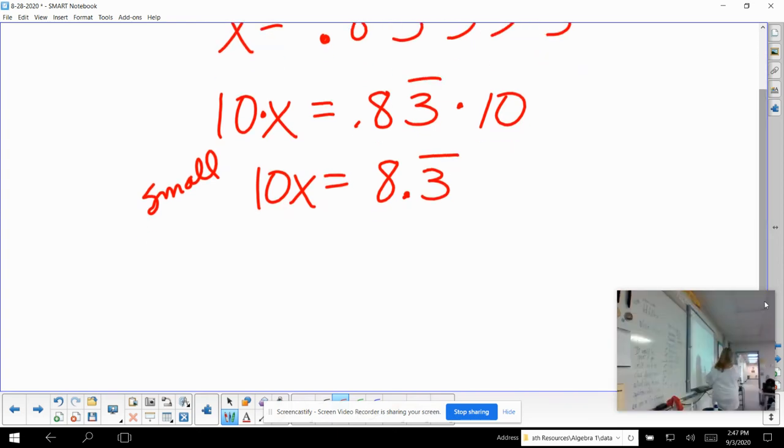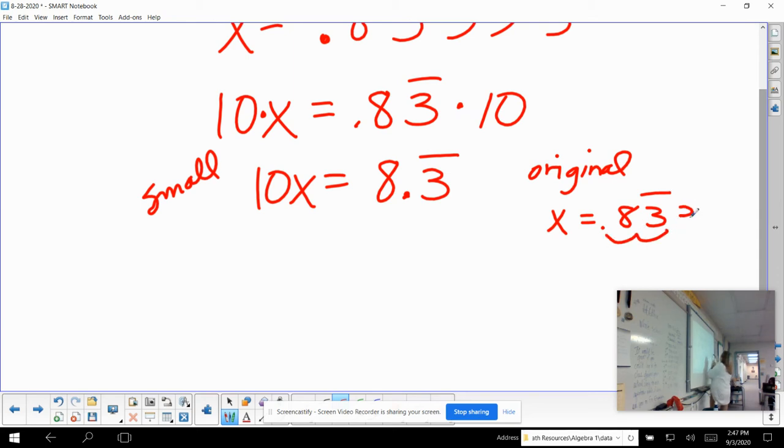It's a really big number. So we're going to go 2 moves because we have all these other 3's over here. So we're going to do times 100. I've got to write my original again.